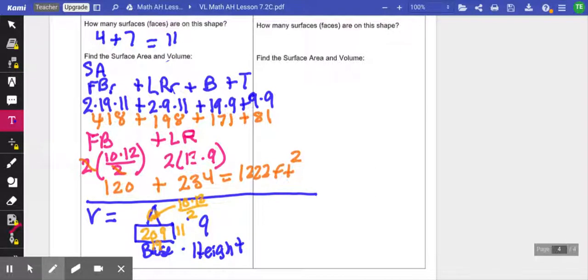So when I add those up, that's 269 for the area of the base times my height, which is 9. So I get a total of 2,421 feet cubed.